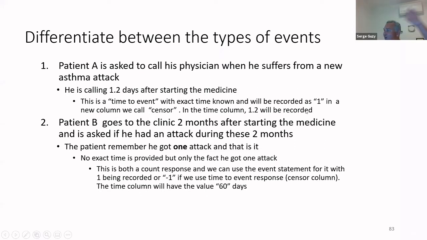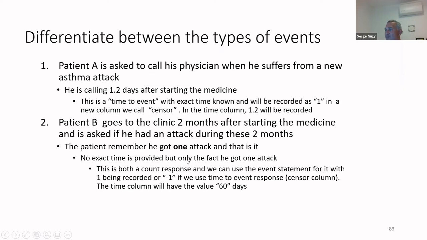This is a summary of all what I explained before, where I specifically tell you exactly how you are going to define your data set, and after that how you are going to define the likelihood. Patient B goes to the clinic 2 months after starting the medicine and is asked if he had an attack during the 2 months. Remember, he got 1 attack and that's it.